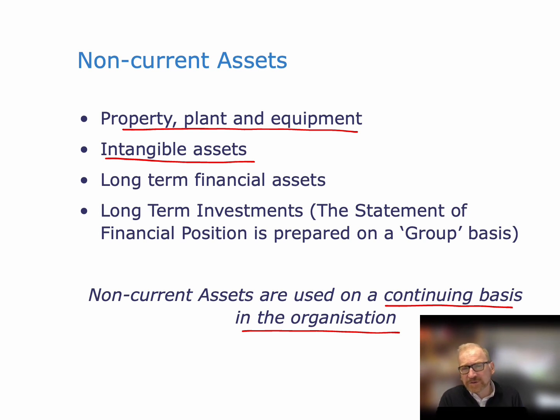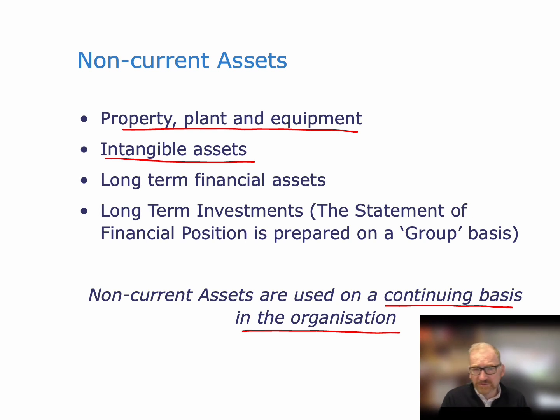And then sometimes in specialized situations, things like brands. For an airline, it might be landing slots that they own. For a software company, it could be intellectual property rights, patents, and stuff like that. So these are long-term assets that don't have a physical presence.